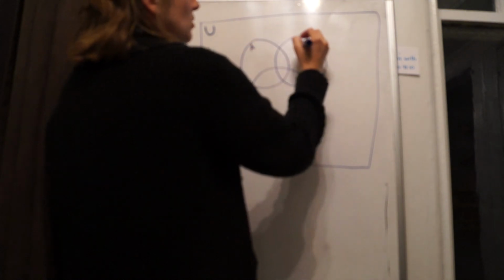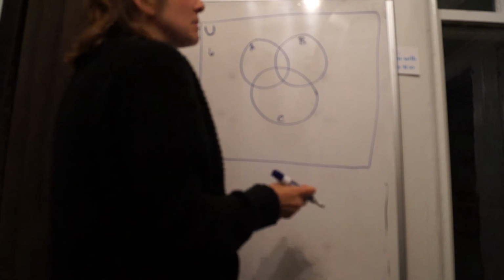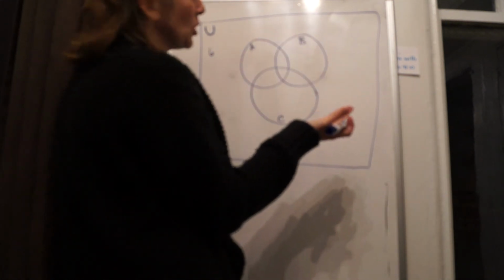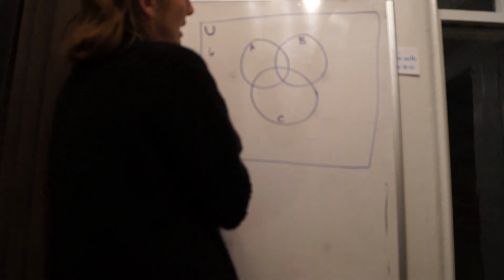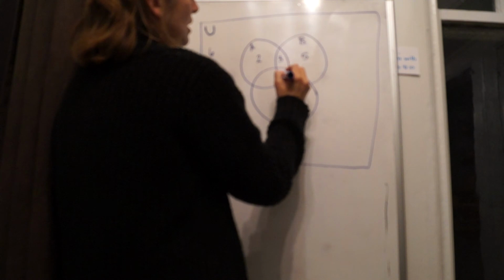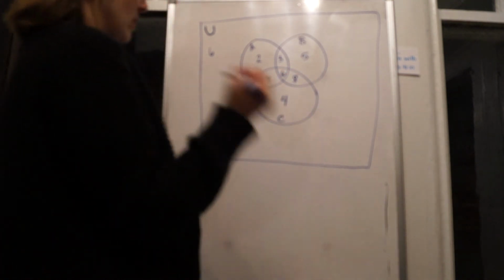They'll name the circles, usually with letters like A, B, and C, but they may have more specific names like boys and girls, or 3rd grade class and 4th grade class. We're just going to call ours A, B, and C. And then we'll have numbers in all of these little sections, and we'll be asked to answer questions about them.